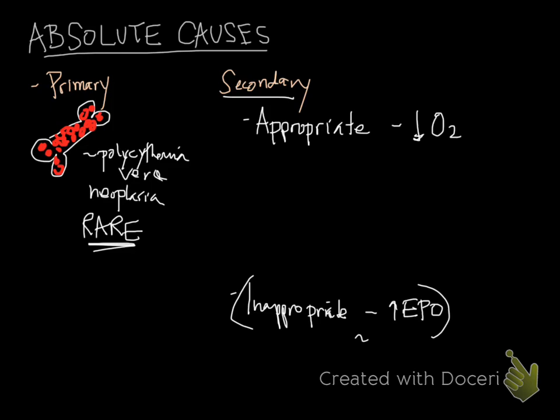So appropriate causes: chronic hypoxia could be high altitude. So if you are up on Mount Everest or your patient moves from sea level up to the mountains. It could be due to something like lung disease, especially chronic lung disease.